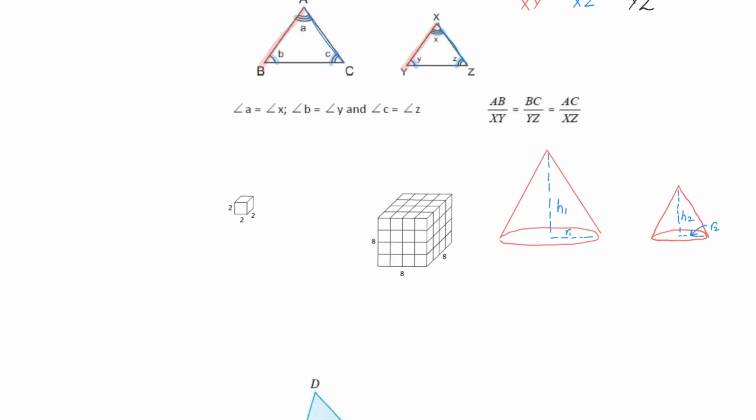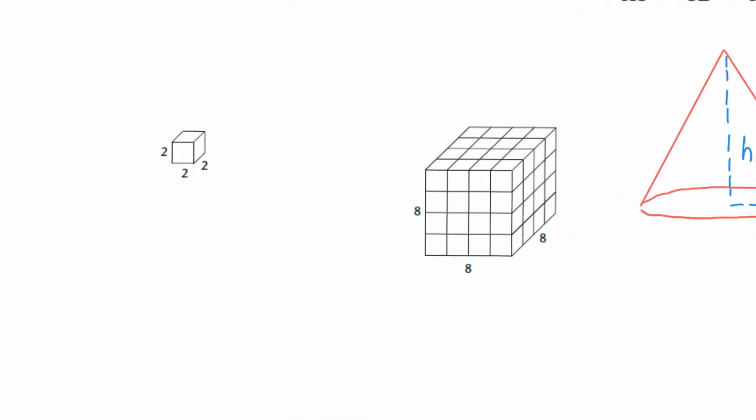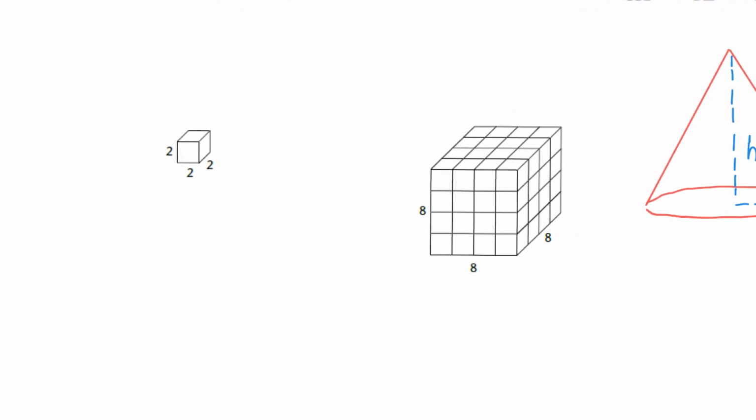So let's look at this figure. The two figures are cubes, and these two figures are similar to each other. This cube is of side 2 units and this cube is of side 8 units. Now these two are similar figures because the sides are proportional. Let's say if I take this side and this side, the ratio is 2:8, which simplifies to 1:4.